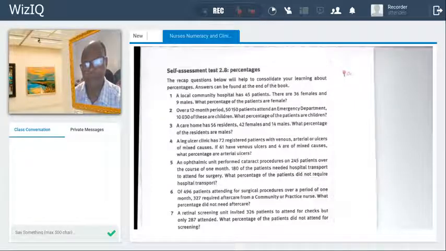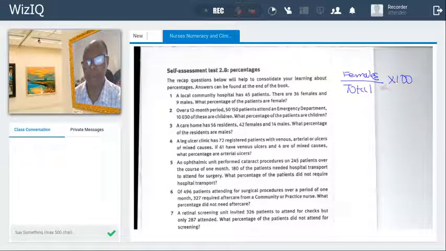This is the formula to work out the percentage: number of females divided by the total, and then you multiply by 100.